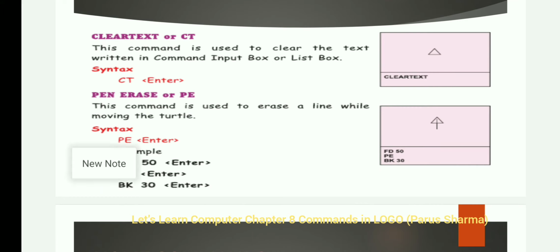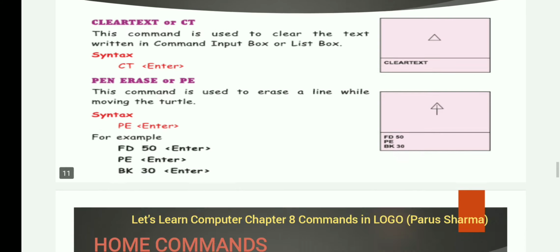If you want to clear the text, the commands which you have written, as given in the picture also, if you write clear text, all the commands which you have written get erased from the logo screen. And then you have another command, that is pen erase. This command is used to erase a line while moving the turtle.